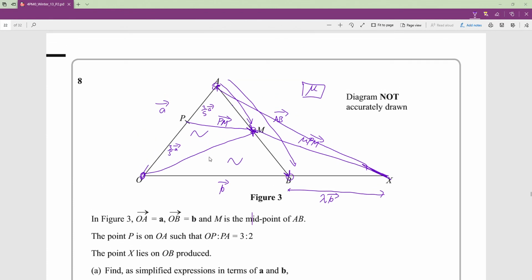Then in this case, because we know that PX is 1 plus mu times PM, and because this just keeps going in the same direction, PM must be proportional to the height.